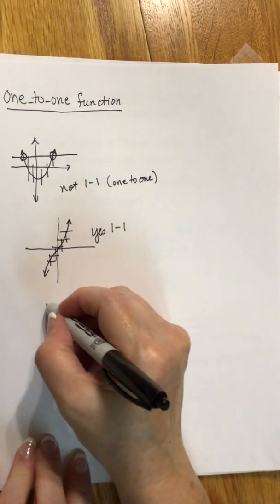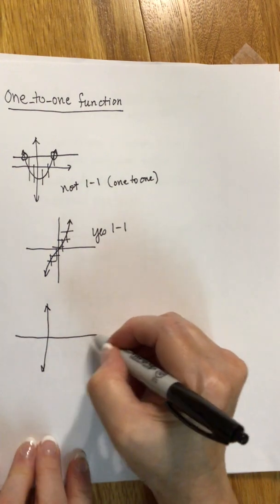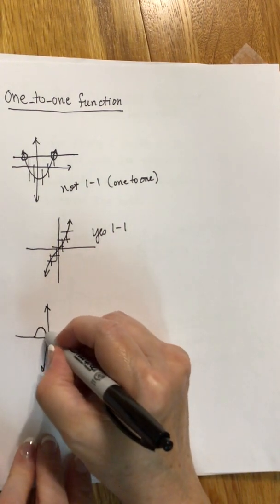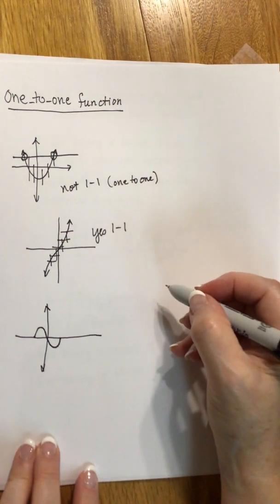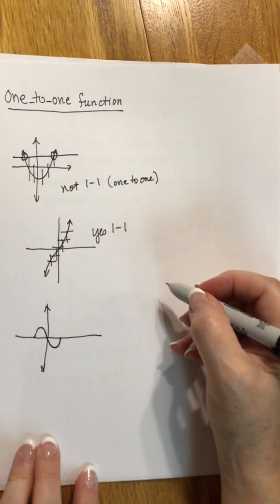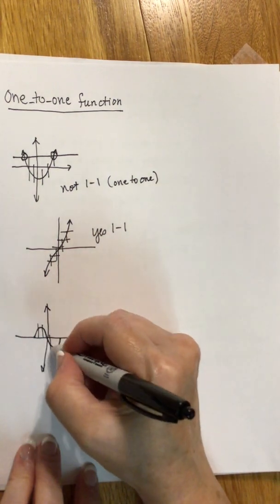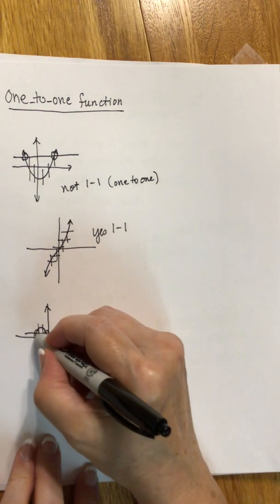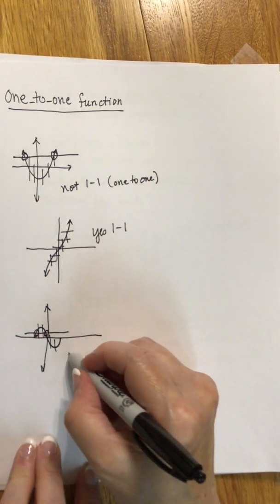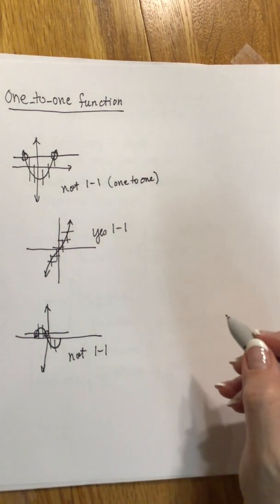Okay, I'm going to give you another one to try. One-to-one or not one-to-one? Okay, so it passes the vertical, but does it pass the horizontal? No. So here it touches in two spots. So this would be not one-to-one. So everybody okay with the one-to-one?